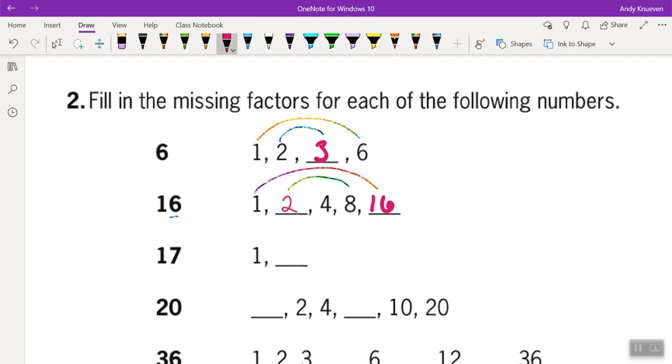But then I see this 4. Now this 4 here is special because 4 times 4 is 16. So 16 is a perfect square.